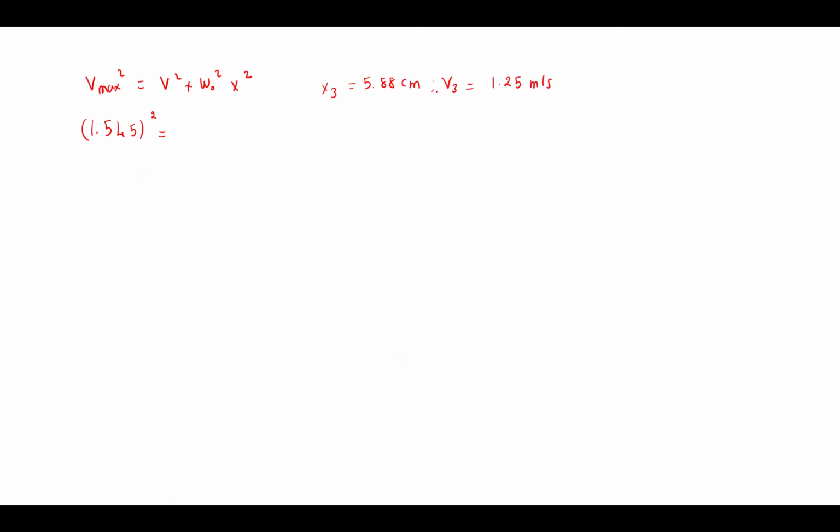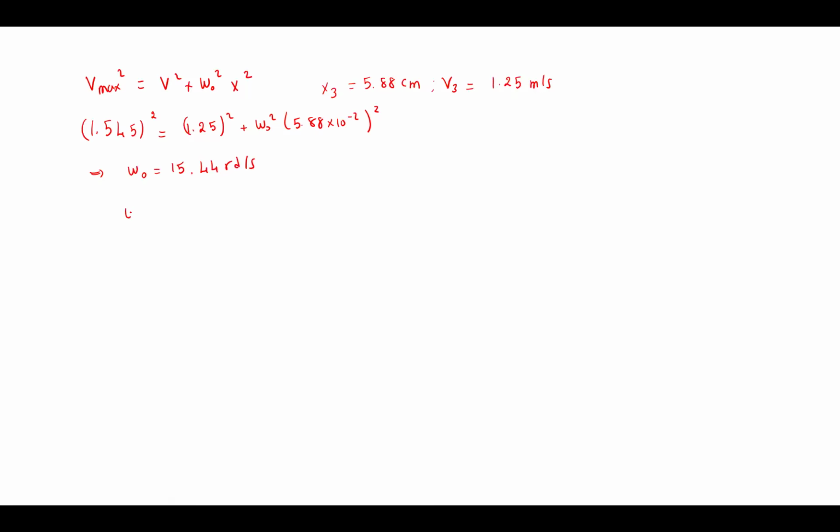So I have this particular point and I can substitute: 1.25 squared plus omega 0 squared, and x is 5.88 centimeter, times 10 to the -2, and all of it squared. So from here, I can get the value. So omega 0 equals 15.44 radian per second.